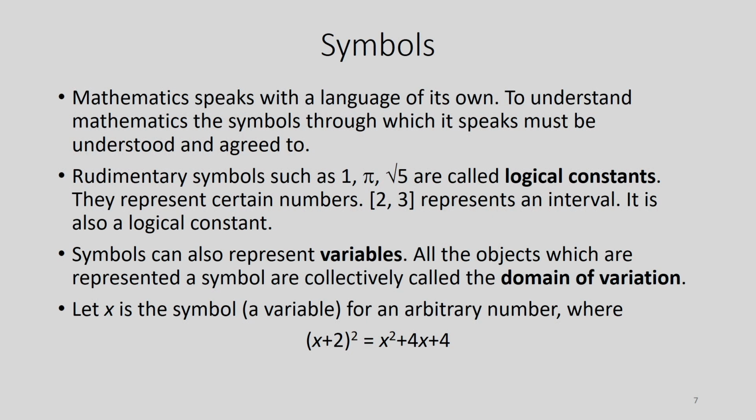For example, d/dx, differentiation. All the mathematicians around the world agree that this represents differentiation with respect to x. So, they have this language. Now, rudimentary symbols are like a number, like 1, pi, or root over 5.